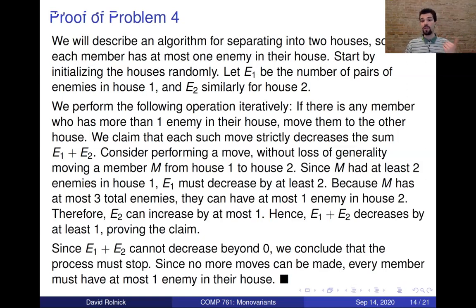So the process has to stop when there are no more possible moves. And that can only happen if every member has at most 1 enemy in their house. So this is a classic monovariance proof where you have this quantity which has to go down, and you want to keep on making moves, but you can't keep on making moves forever because this number can't go down forever. Are there any questions?